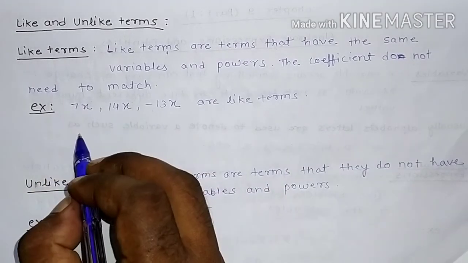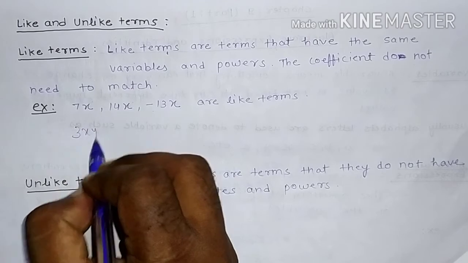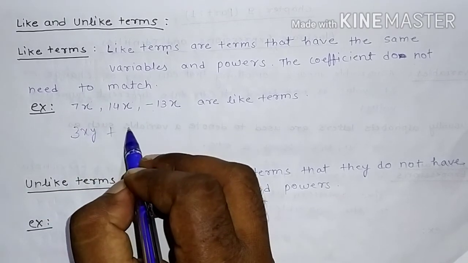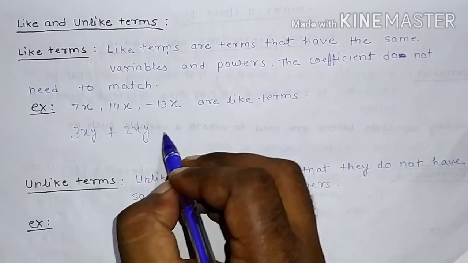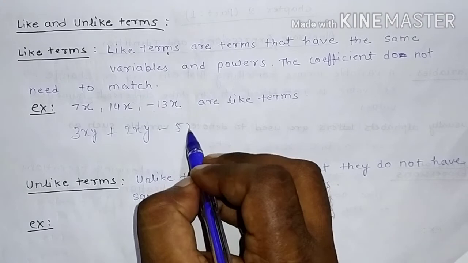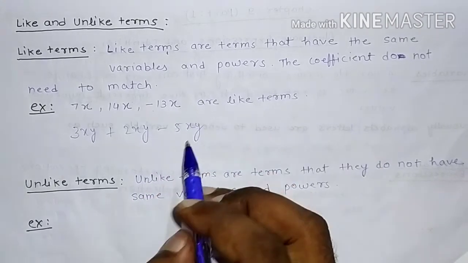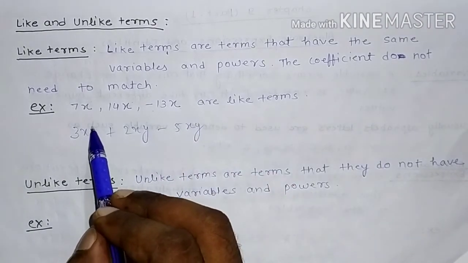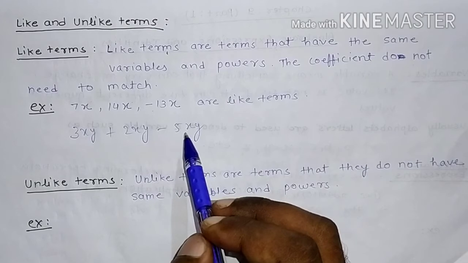Similarly, you can take another example: 3xy plus 2xy minus 5xy. These are also like terms because the variables are the same: xy and xy.